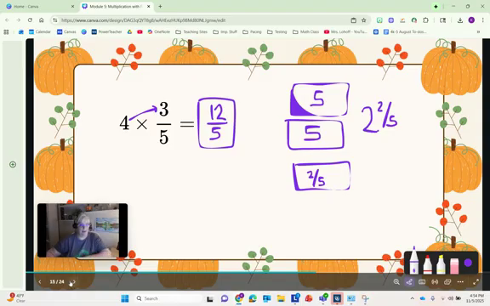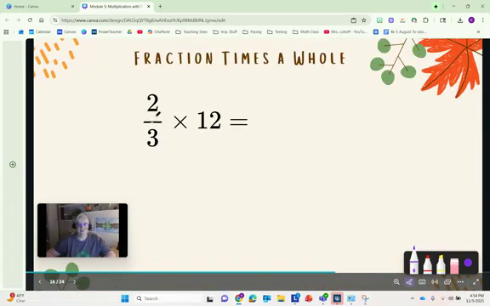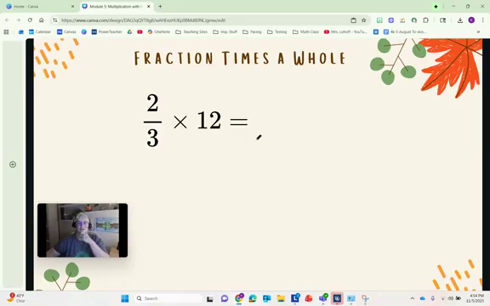All right, last one. 2/3 times 12. Now for this one, I'm going to teach you another little trick. In order to not have to simplify in the end, I can look at common factors that my numbers have. Now remember, 12 is going to be in the numerator of a fraction. It's like 12 over 1.